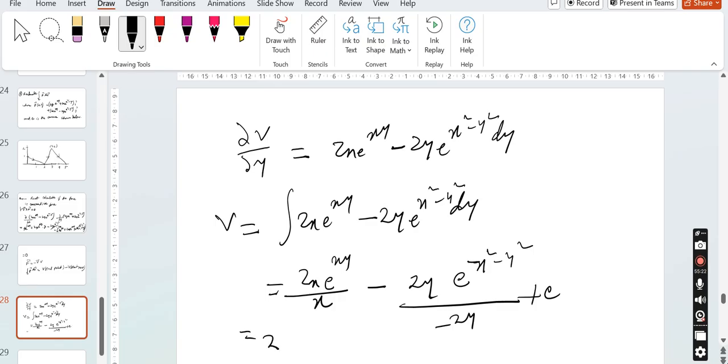So this will be 2 e to the power xy plus e to the power x square minus y square plus c.